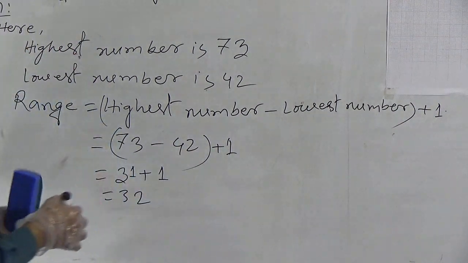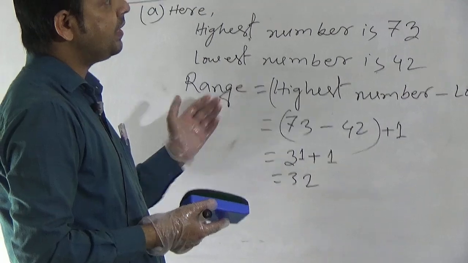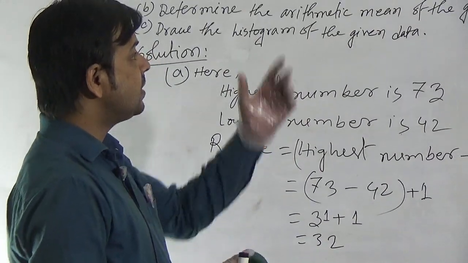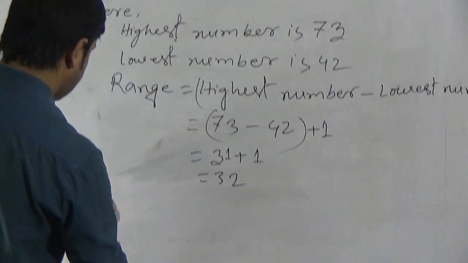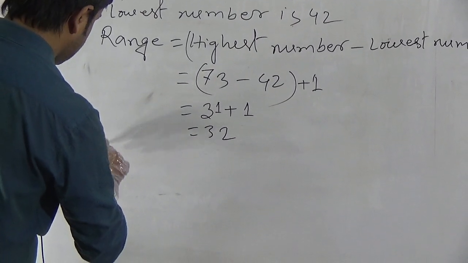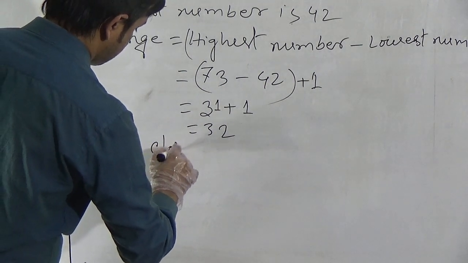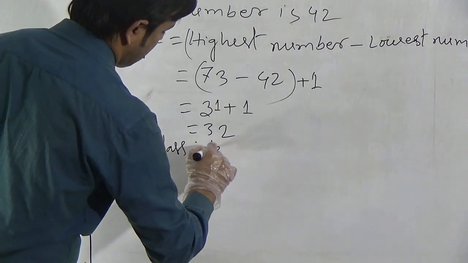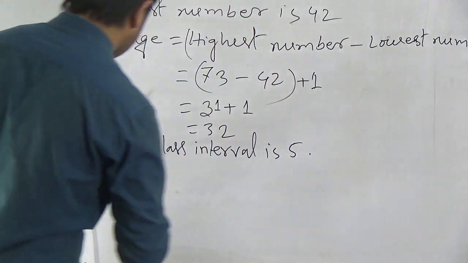To find the number of classes, we have to divide the range by the class interval. Here the class interval is given 5. So we can write, given class interval is 5.